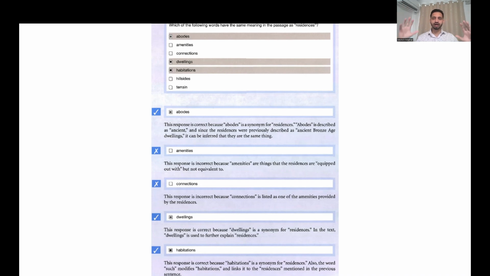So I showed you how you can look at all of these words and guess the meaning of them. I wanted to add a little bit of a layer on top of the lesson that we had previously for multiple choice, multiple answer.